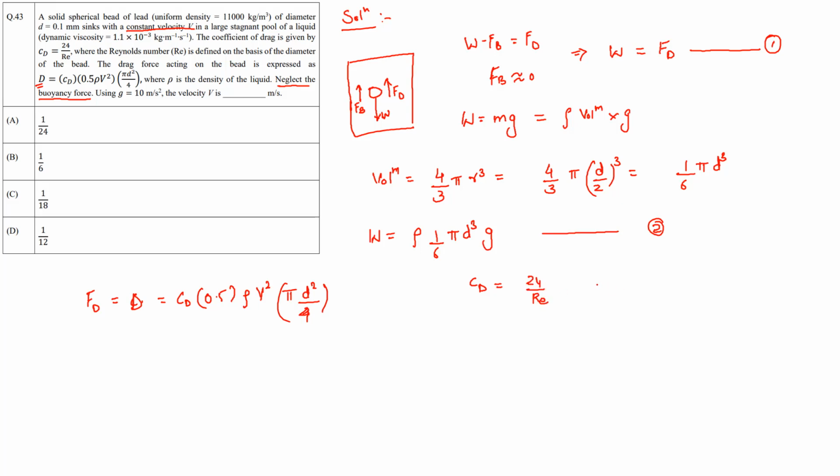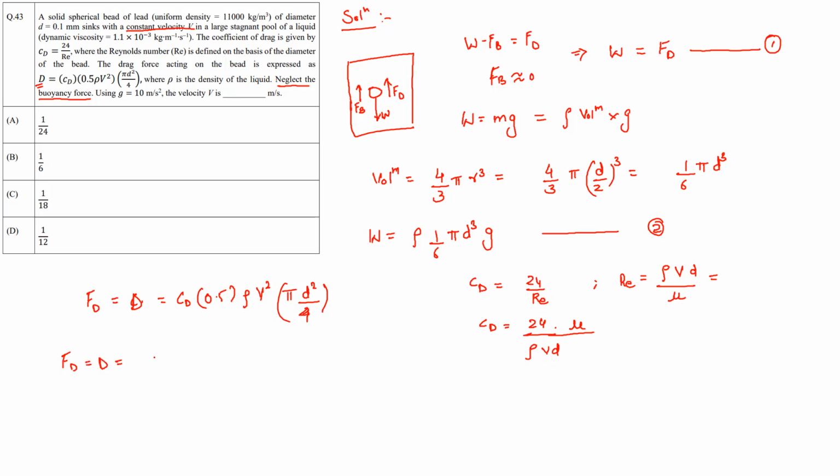In the last slide we saw that Re is given by rho times V times D over mu, and we get the expression for CD as 24 over rho V D over mu. And now we can substitute CD here and find what Fd will be.